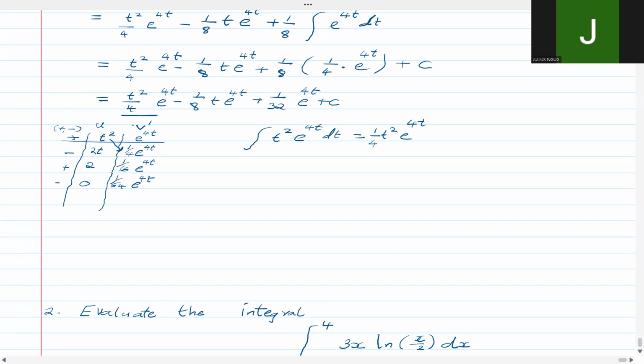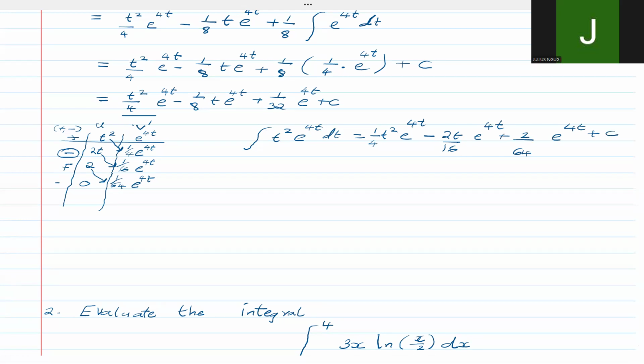Follow the arrow, the second arrow goes to this one, that becomes with a minus sign, minus 2t over 16 exponential power 4t. Then the other one, for the sign, it's plus, so it's a plus sign. And you follow the arrow, you get 2 and 1 over 64. Plus 2 over 64 exponential power 4t. Then plus a constant c.